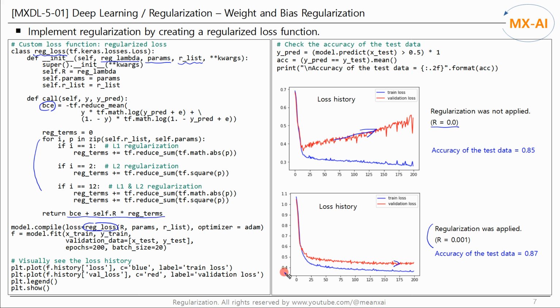The overall loss increases slightly, but what is important is that the validation loss becomes smaller. This is the result when R is set to 0.001. The accuracy of the test data was 0.87. Applying regularization to a neural network can help prevent overfitting like this.